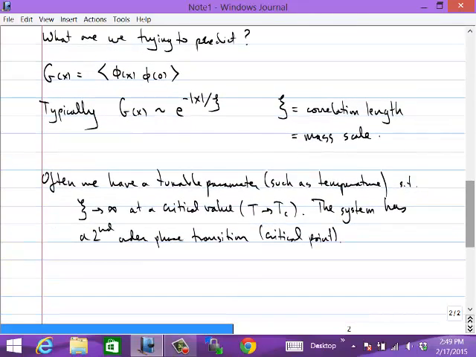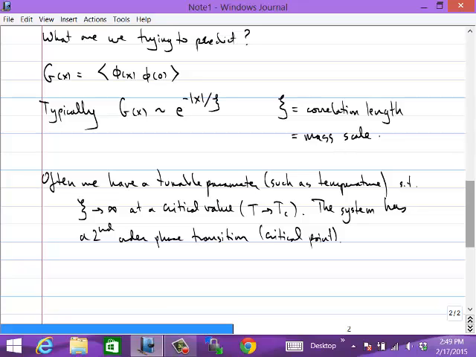So what we want to do is try and understand general features of these critical points where the correlation length diverges. So let's just, for the sake of definiteness, imagine that our tunable parameter is the temperature. So we're studying some magnetic material, say a ferromagnet, and as you lower the temperature, at very high temperature, the spins are all disordered, and the correlations fall off exponentially, where the correlation length is determined by the temperature.